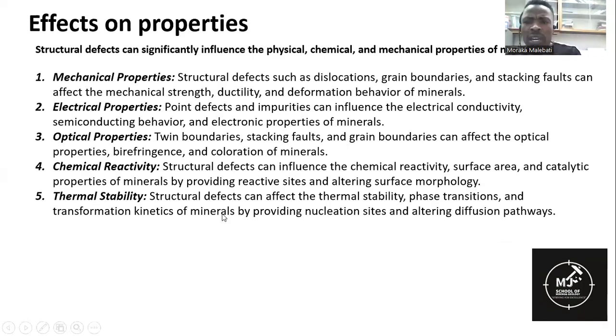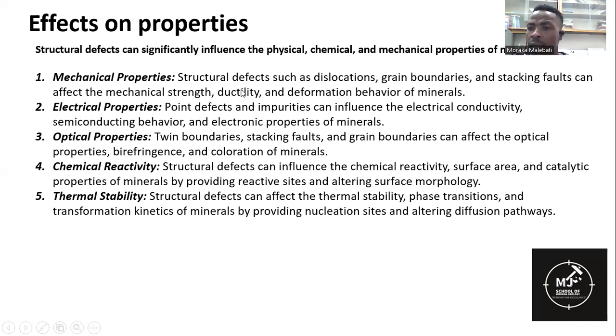Now, we've been talking about the defects. What are their effects on the properties of minerals? First and foremost, they influence mechanical properties. Structural defects such as dislocations, grain boundaries, and stacking faults can affect the mechanical strength, the ductility, and the deformation behavior.